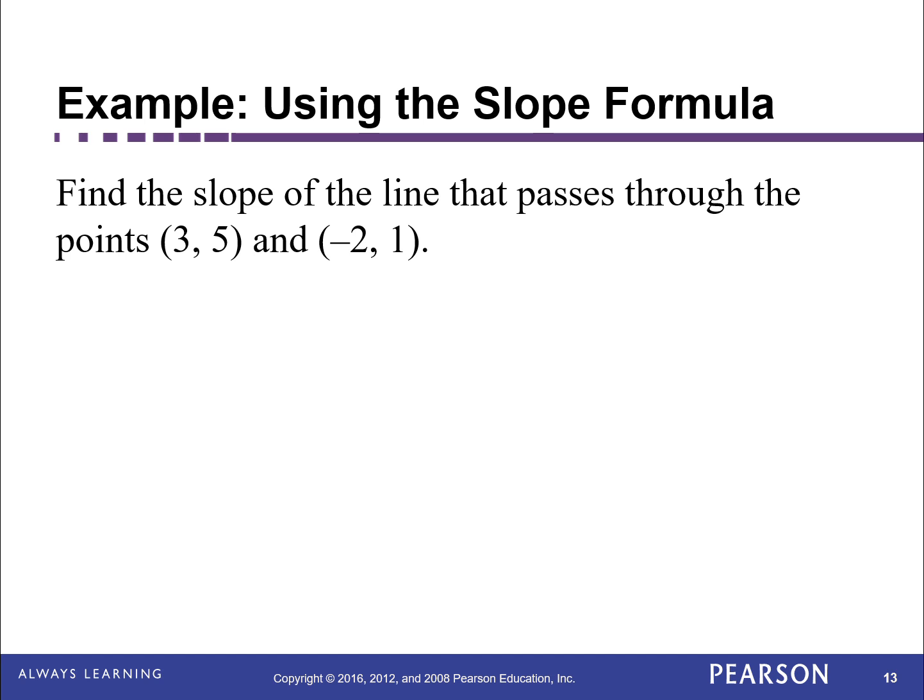So let's find the slope of the line that passes through the points 3, 5 and negative 2, 1. Now this will be my x1, this will be my y1, this will be my x2, this will be my y2. So remember, we're trying to do y2 minus y1 over x2 minus x1. Well, y2 is 1, y1 is 5, x2 is negative 2, x1 is 3.